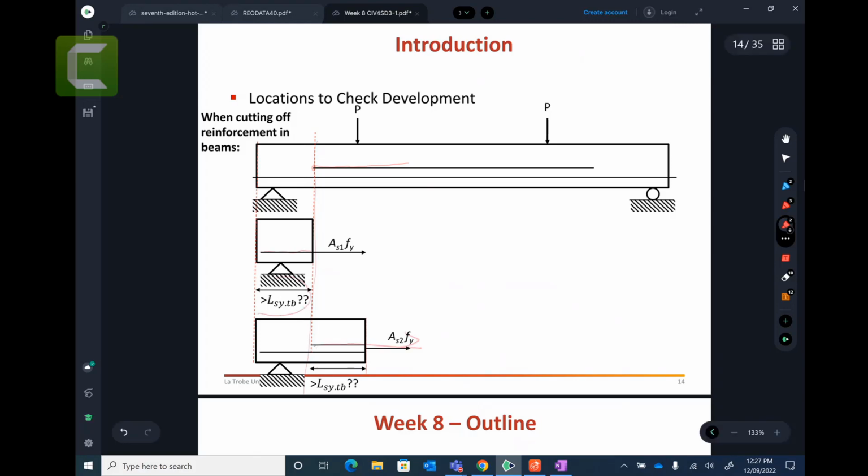So you can see how much on the left side, how much on the right side, so that you have enough development length such that it will create the yield strength at the points.